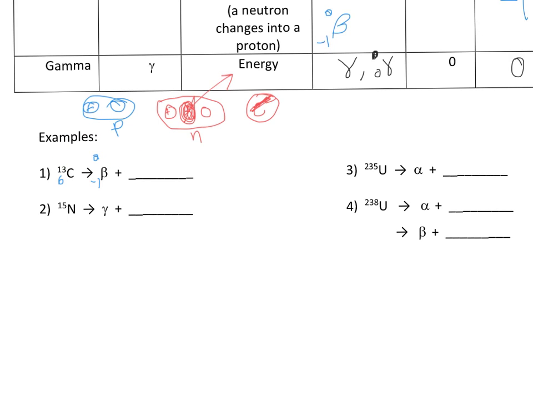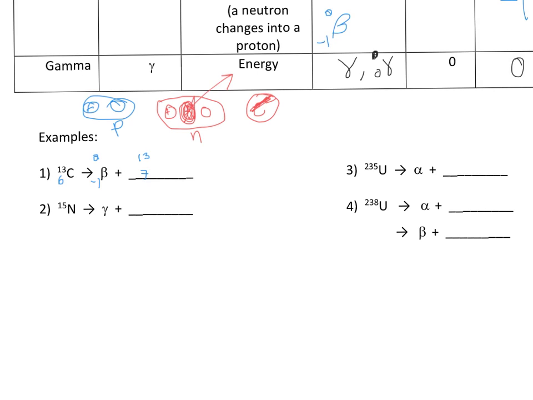The answer is 13. So put a 13 there. Then you go to the atomic number and say, what plus -1 is equal to 6, because this 6 before the arrow needs to equal whatever is here total after the arrow? What plus -1 would equal 6? That would be 7. So you put a 7 for the atomic number.